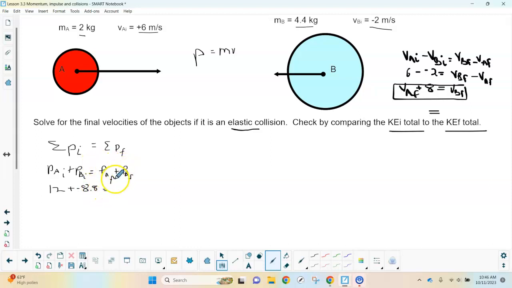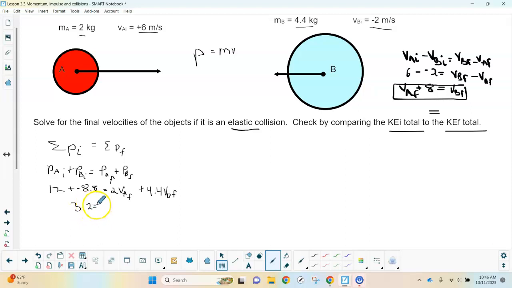On the right side, I have PAF, which I don't know the velocity, so it'd be 2 times the velocity of A final, plus B, which has a mass of 4.4, and I don't know the velocity of B final. So I'm stuck with 2 variables in this equation, and that's okay because we're going to have 2 equations. So 12 plus a negative 8.8 is 3.2.